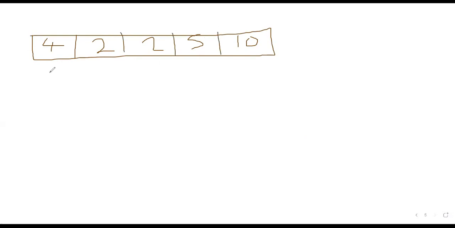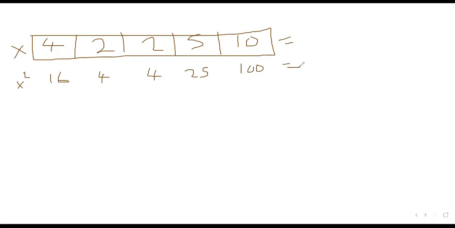Let's come up with the mean, the variance, and the standard deviation. So these are the values of x. The values of x squared, you're just squaring these answers. Here we have 16, here we have 4, here we have 4, here we have 25, here we have 100. So let's total up.